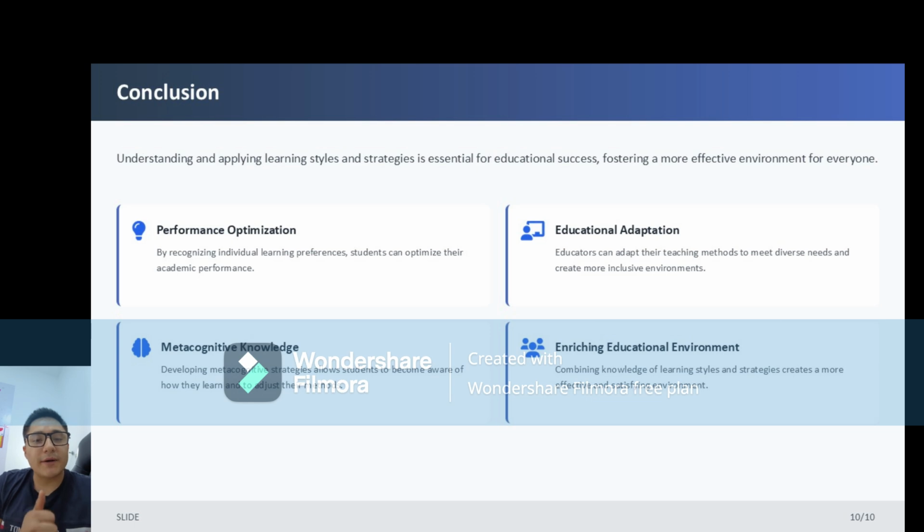Metacognitive awareness: developing metacognitive strategies allows students to be aware of how they learn and adjust their methods independently. By combining this knowledge of styles and strategies, we create a more effective and fluid educational environment for everyone.